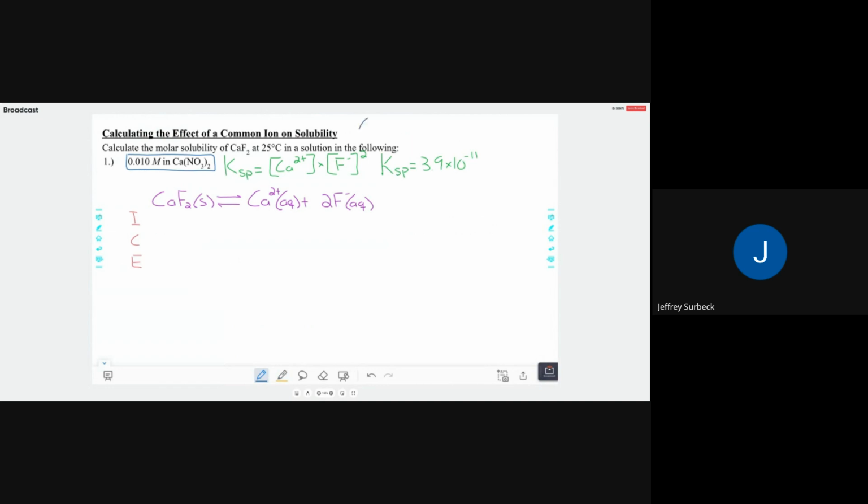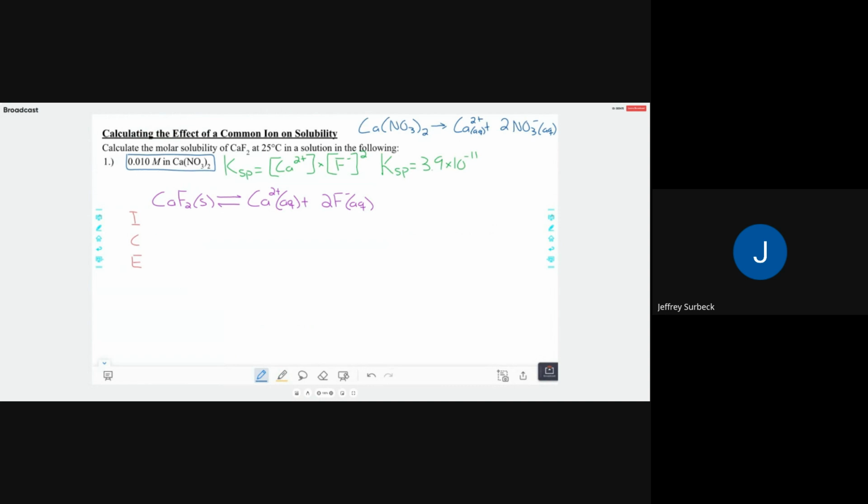But calcium nitrate, if it's in solution here, is going to break into calcium, and it is going to break into 2 of these nitrate ions. Technically both of these would be aq for aqueous solutions. And then we can talk about how much calcium we have.